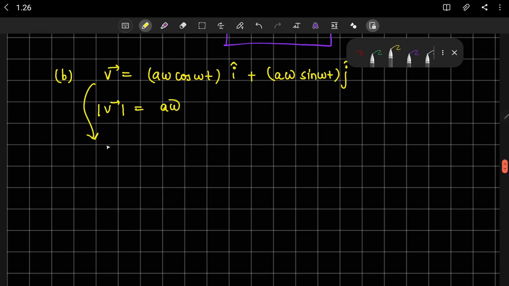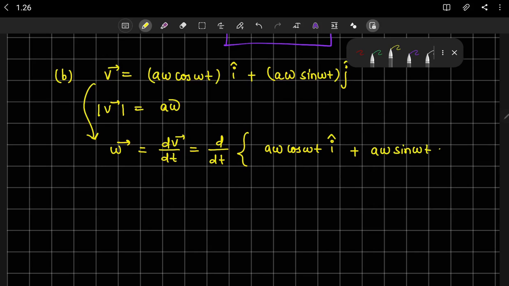Now from here we can find the acceleration vector, which is represented by w vector, that is equal to dv divided by dt, that is equal to d by dt of a omega cos omega t i cap plus a omega sin omega t j cap.